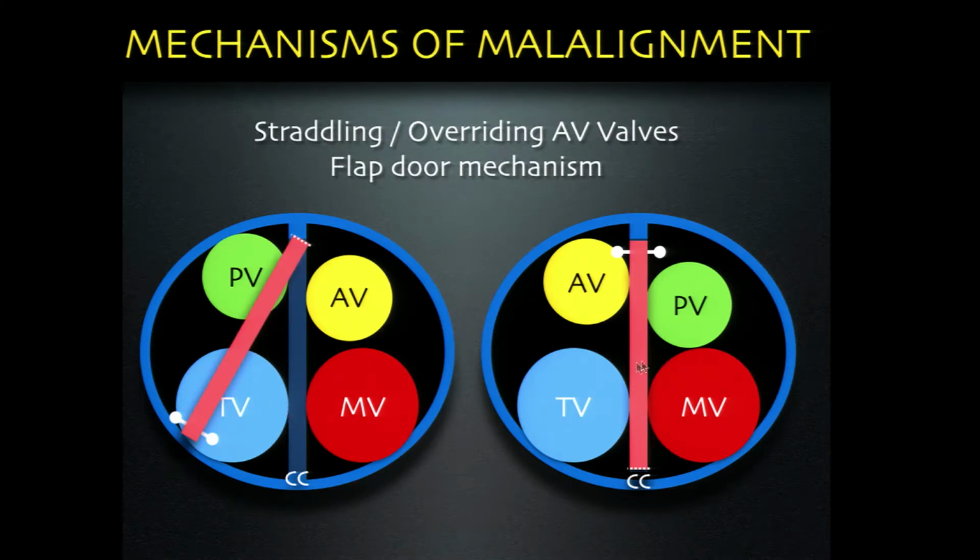The same septum is heading this way, your hinge is at the crux cordis, and the anterior part of the septum is moving. Here, the malalignment is relative to the atrial septum, and the hinge point is anterior in one case and posterior in the other. That's why tricuspid valve straddling is in the posterior location and mitral valve straddling is in the anterior location.